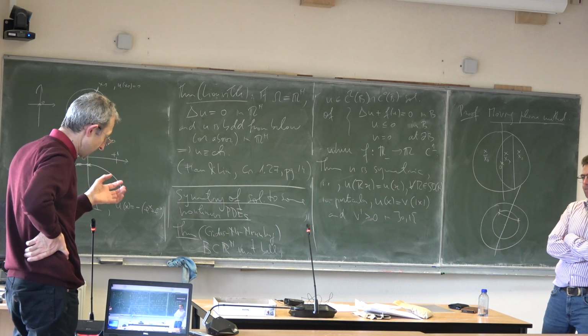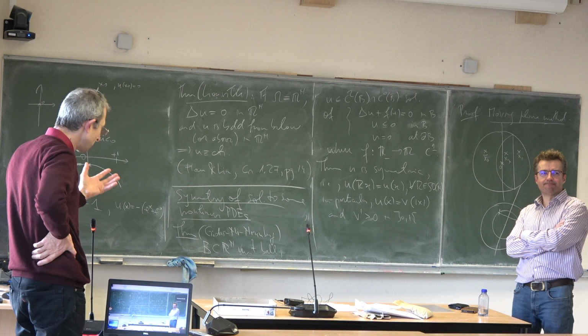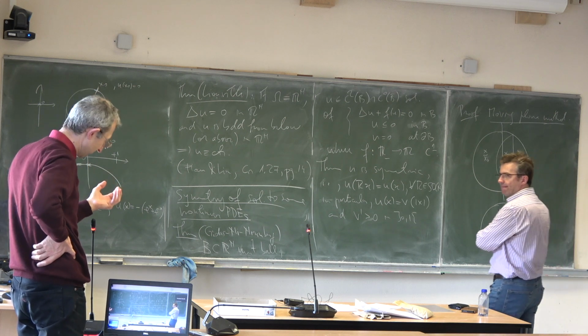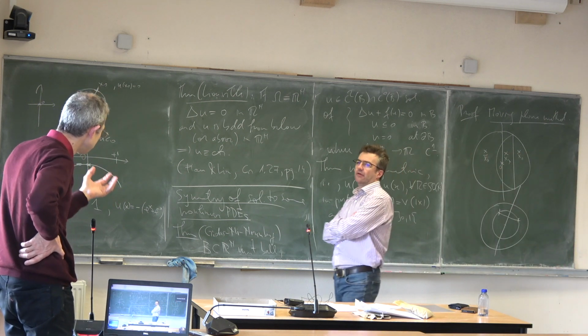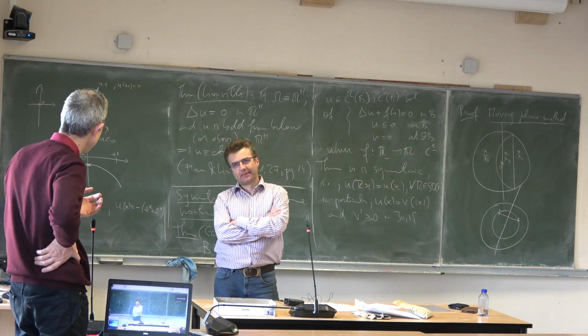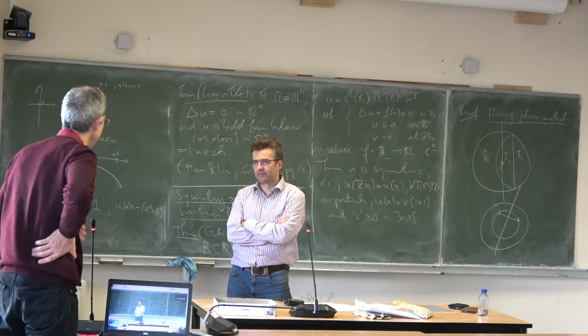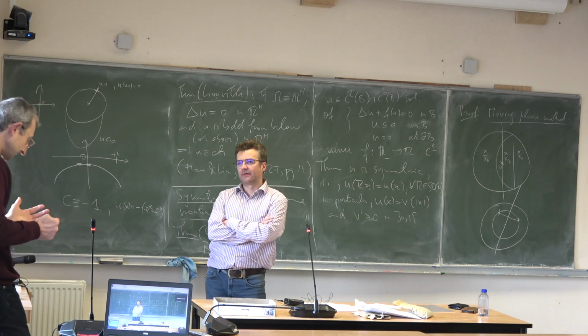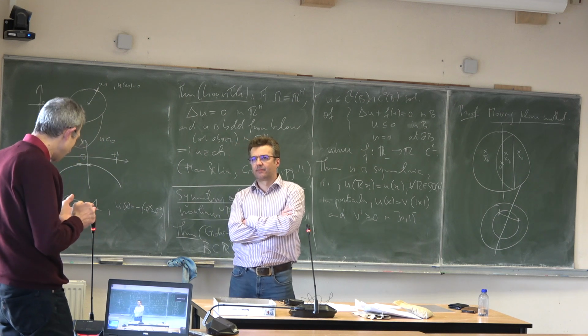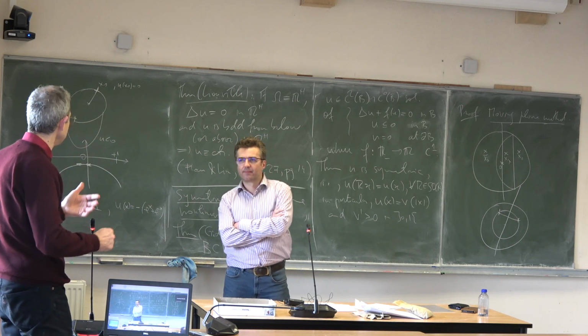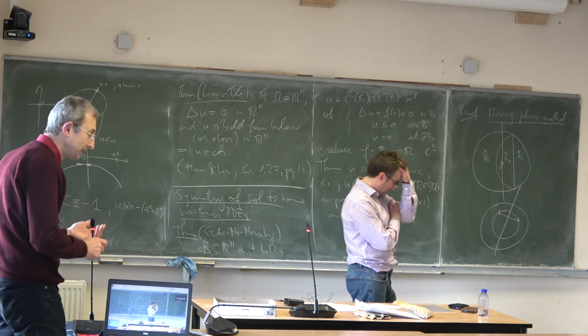A priori you know nothing about the domain. If this happens, necessarily the domain has to be a ball and the solution has to be radial. Quite interesting. I think that was the paper that really inspired Gidas and Nirenberg to prove their symmetry result later.